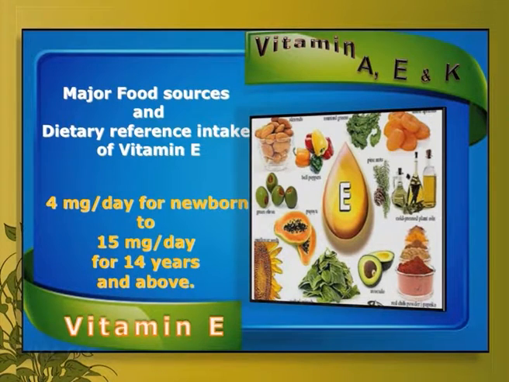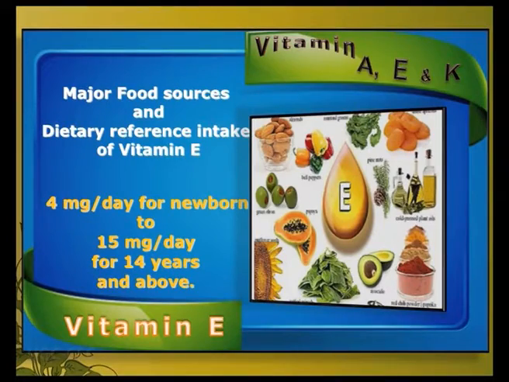Foods rich in vitamin E are cold-pressed plant oils, apricots, colored bell peppers, almonds, green olive, papaya, avocado, cooked spinach, sunflower seeds and so on. And the dietary reference intake level is 4 mg per day for newborns to 15 mg per day for 14 years or above age.